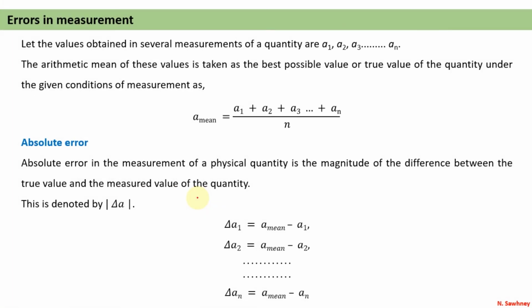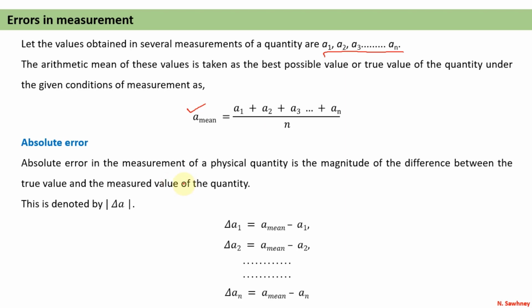Now, suppose we have taken a number of observations and let the observations be represented as A1, A2, A3 and so on. The arithmetic mean of these values is taken as the best possible value or the true value of the quantity under measurement, and the arithmetic mean is calculated as the sum of all measurements divided by the number of measurements. Here it is n.